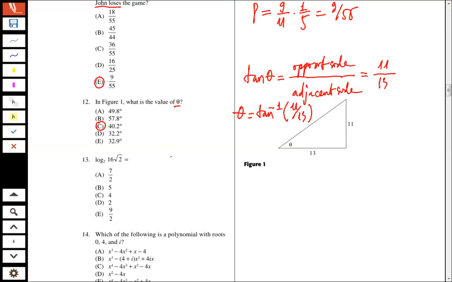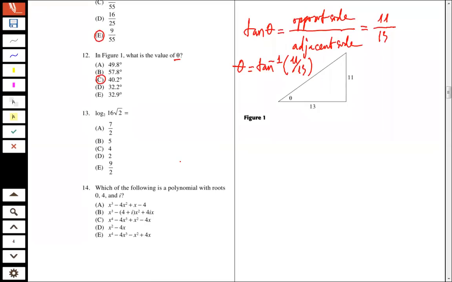Question number 13. There are two ways to read this.